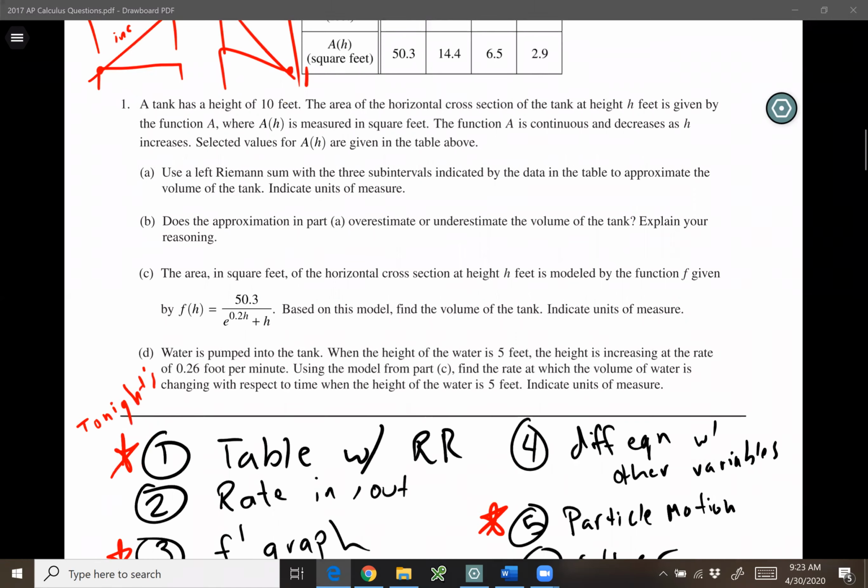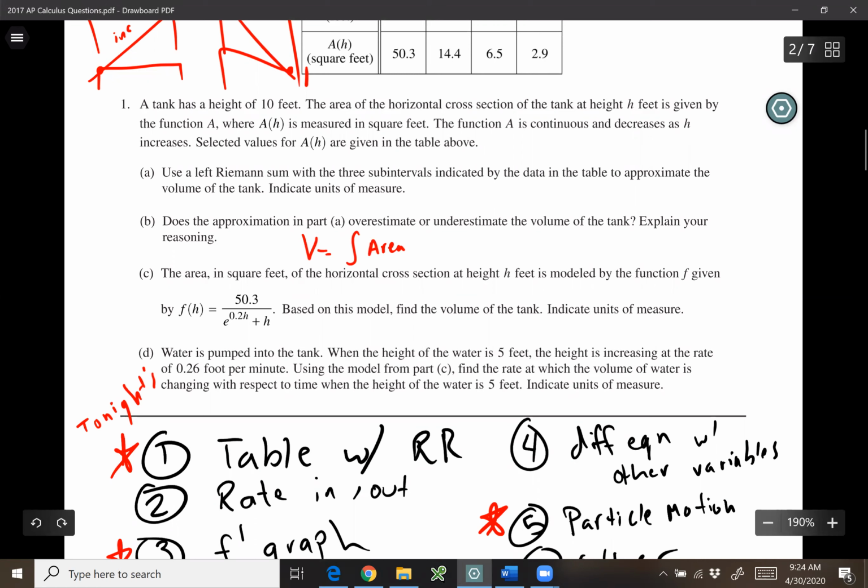The area is given by this equation now, and it wants to know, based on this model, what is the volume. Okay, this is just knowing that volume is always the integral of the area.